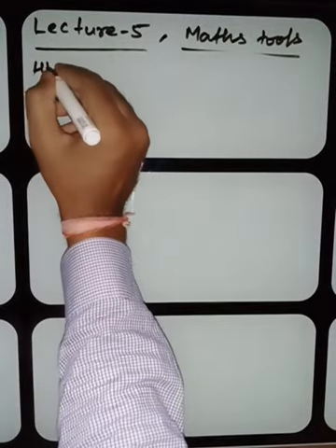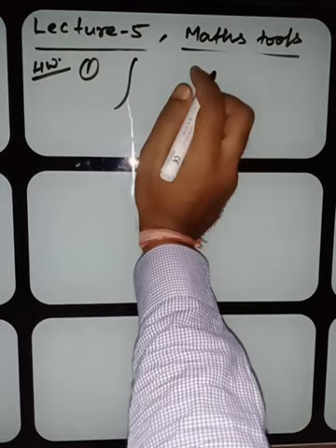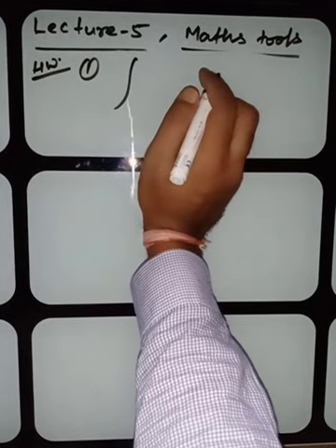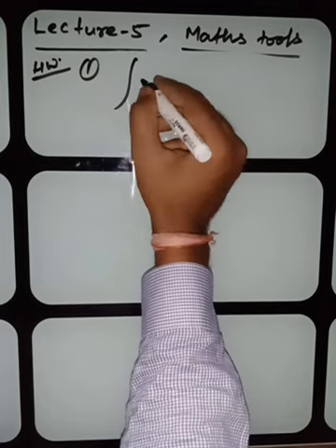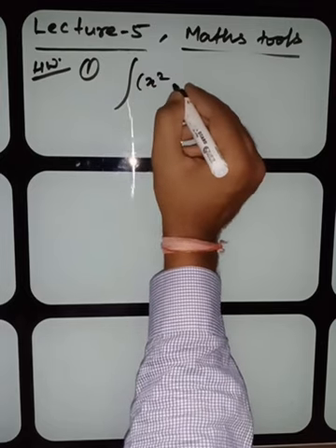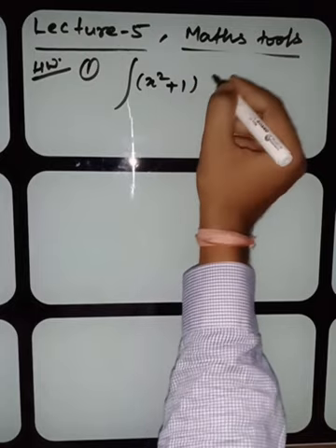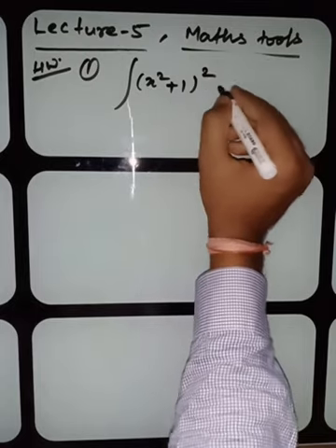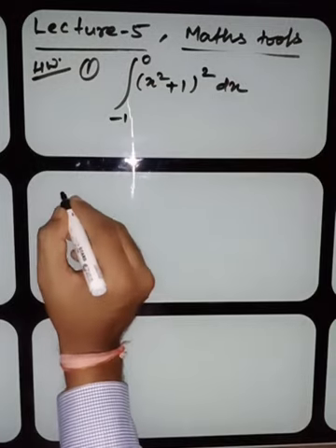The homework, the first one. The first question I'm giving you is a definite integration: integral of x square plus 1, whole square, dx from minus 1 to 0.